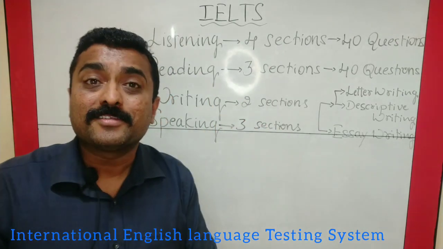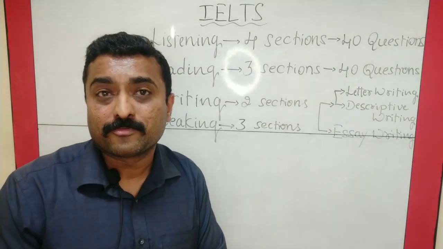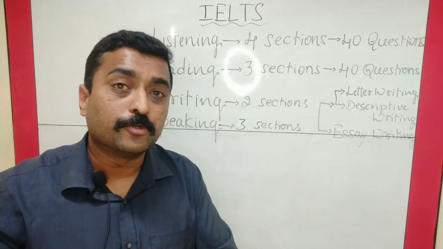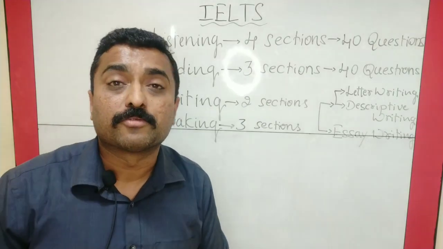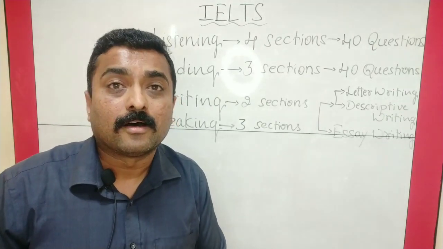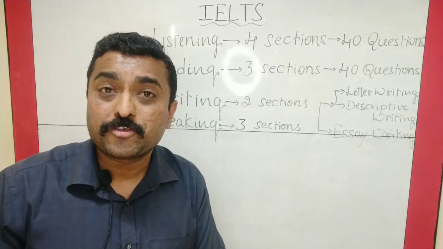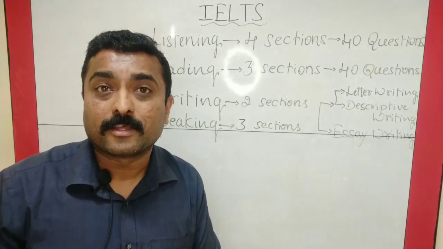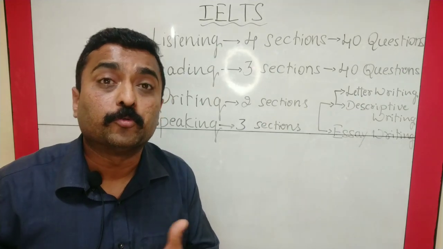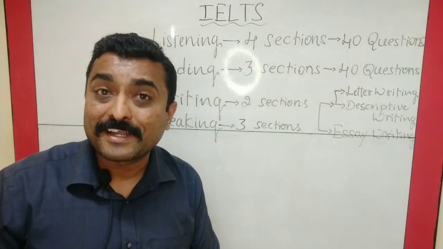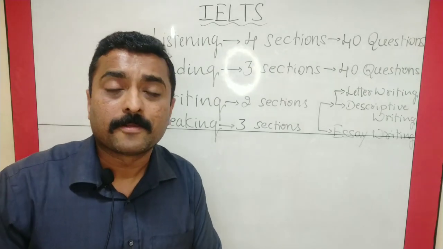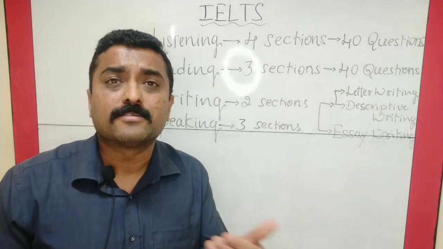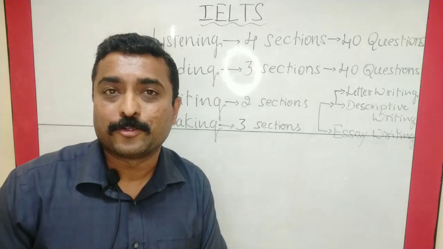All right, so this is just a basic introduction of the test. In the further videos, I'm going to come up with more information about the test, and I'm going to give you the strategies and the ways that you need to use in order to answer these questions to get your desired band between 0 to 9, where 0 is the lowest and band 9 is the highest usually.